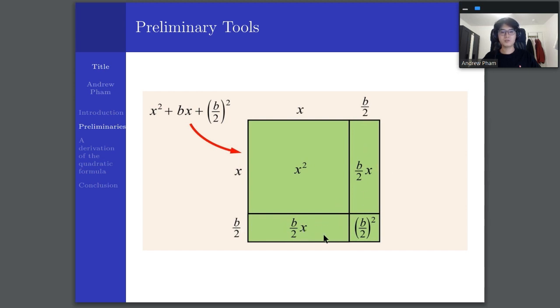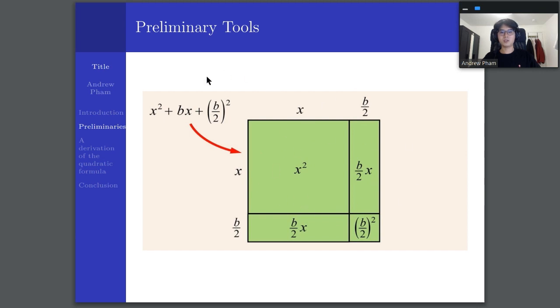If you just consider these two rectangles in this square, it's almost a perfect square. The only thing missing is this square right here, which has dimensions b over 2 by b over 2.